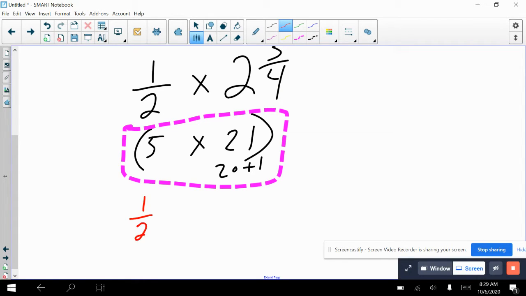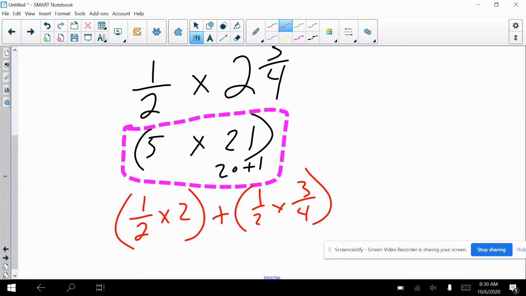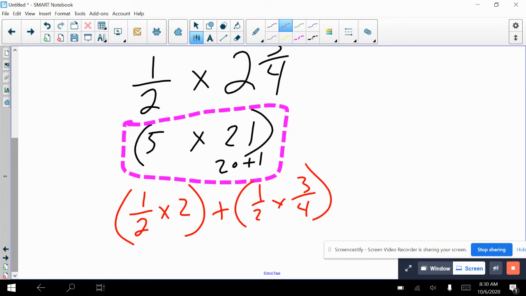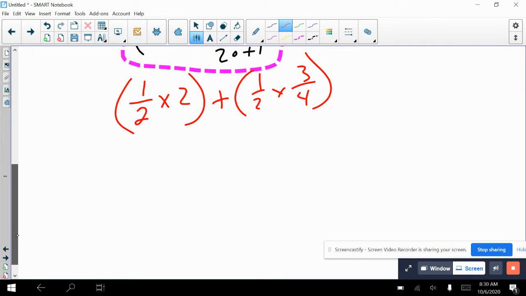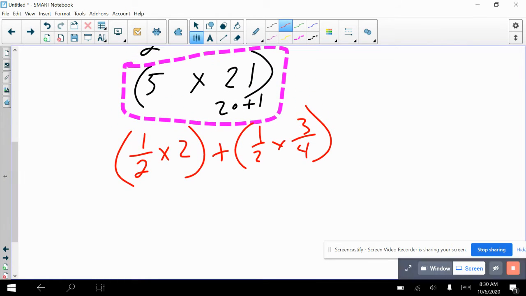So we would have 1/2 times 2 plus 1/2 times 3/4. You should be able to see that that is using the distributive property, yes? Right? We distributed the 1/2 to the 2 and to the 3/4, right? That shouldn't be anything new, right?